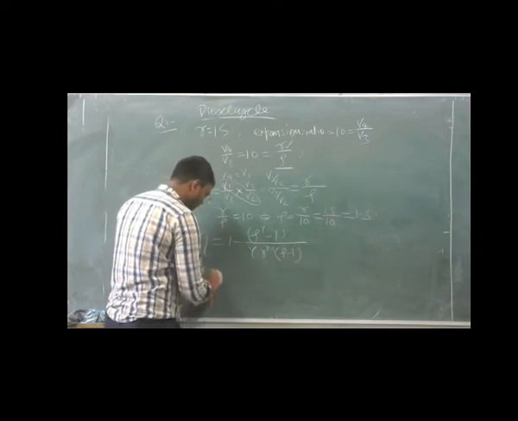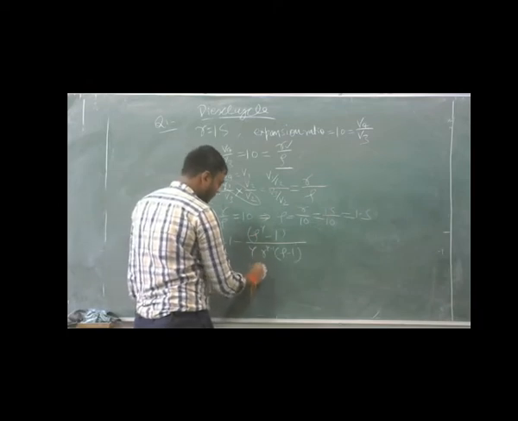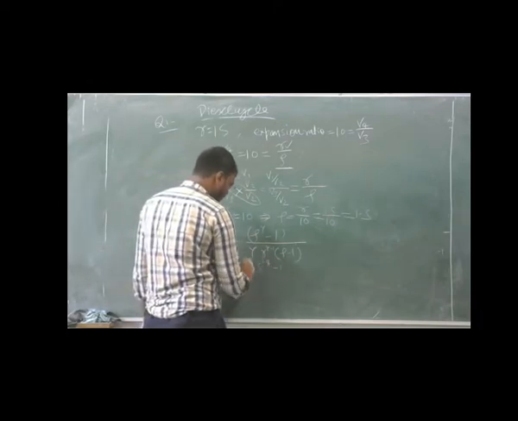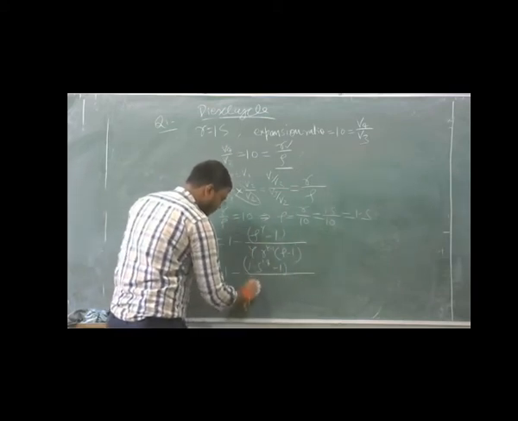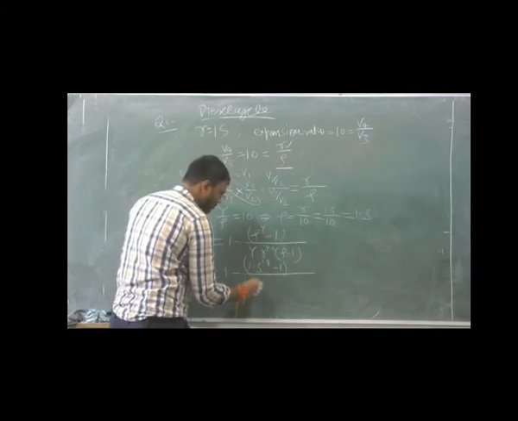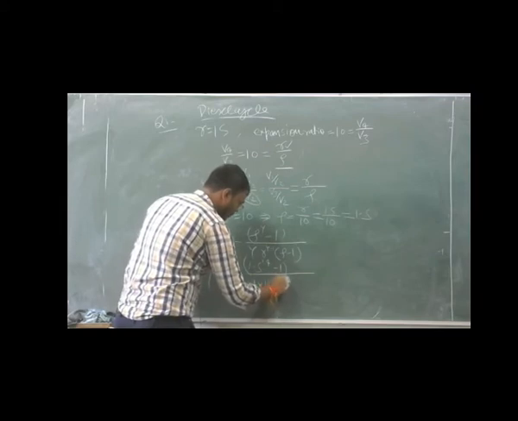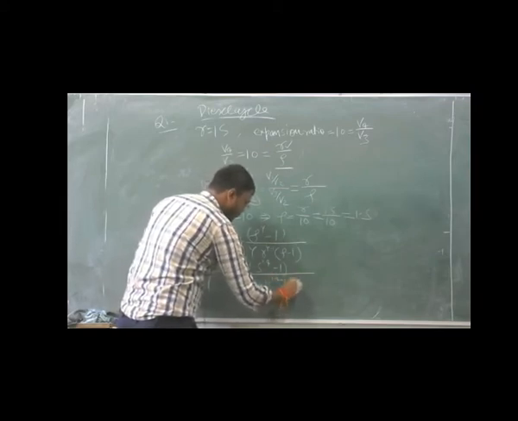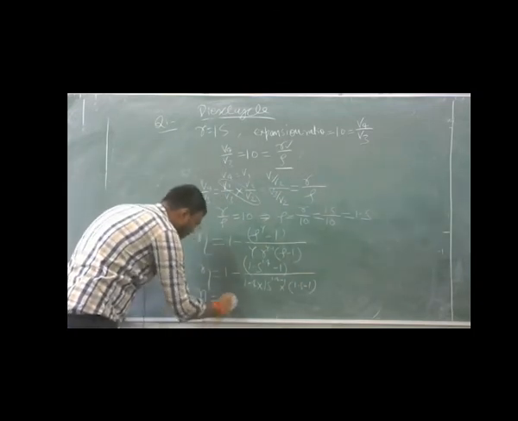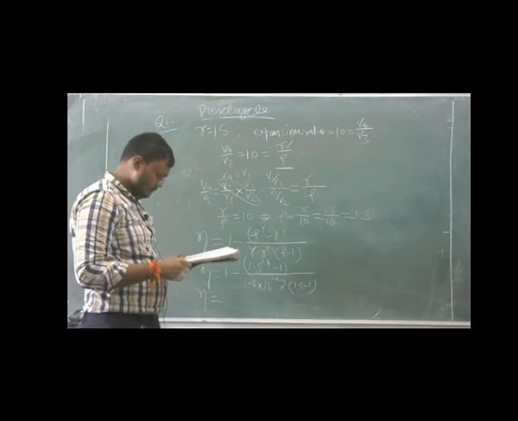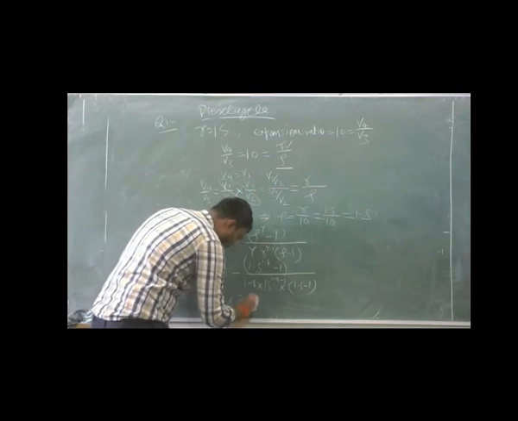Eta equals 1 minus rho to the power gamma, means 1.5 to the power 1.4 minus 1, divided by gamma, means 1.4, R means 15, so 15 to the power 1.4 minus 1, into 1.5 minus 1. When you calculate the value, you will find the answer. That comes equal to 63.05%.